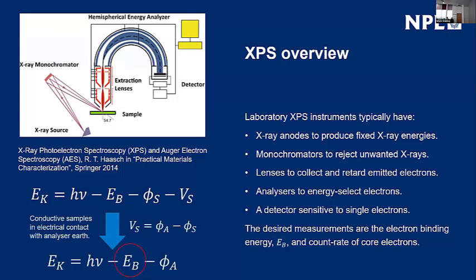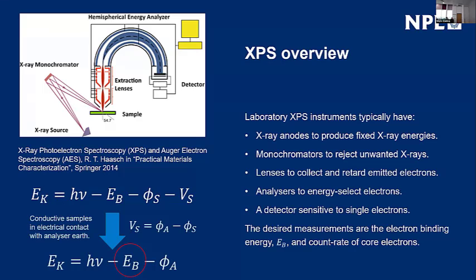Okay, so as I said, a bit of XPS. This is an overview of XPS. If you've got a lab-based instrument, you've got several things usually. You've got an X-ray anode that produces X-rays of fixed energies. You usually have a monochromator, which rejects unwanted X-rays, so you get a much purer and cleaner light source.